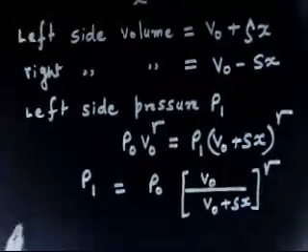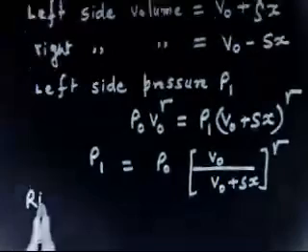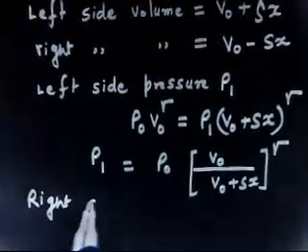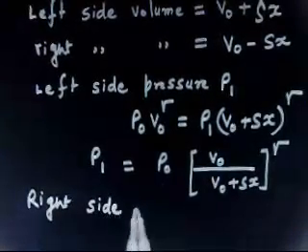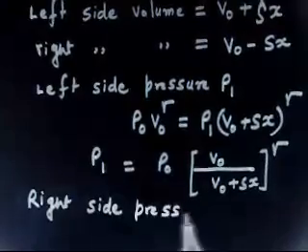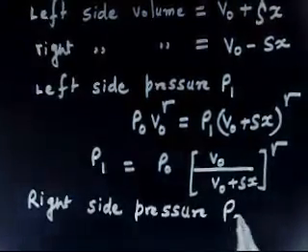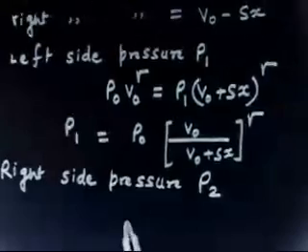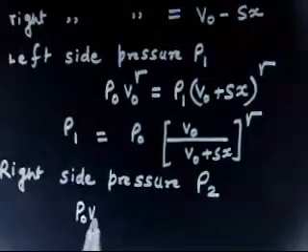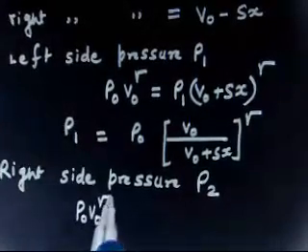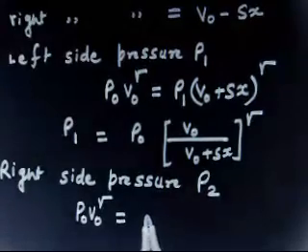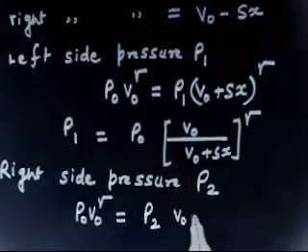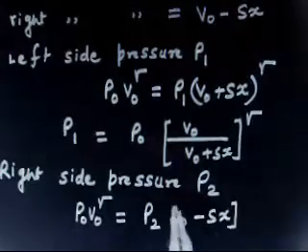Similarly, we can find the right side pressure. Let us call this P2. Again I apply PV to the power gamma equals constant. So P0 V0 to the power gamma equals P2 times V2, where V2 is V0 minus Sx, to the power gamma.